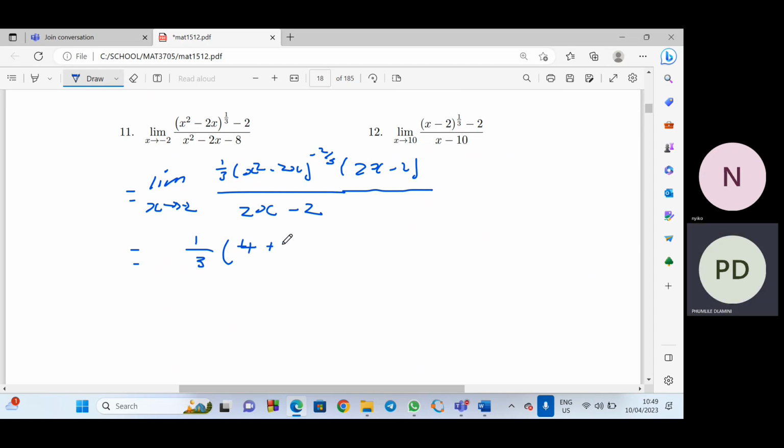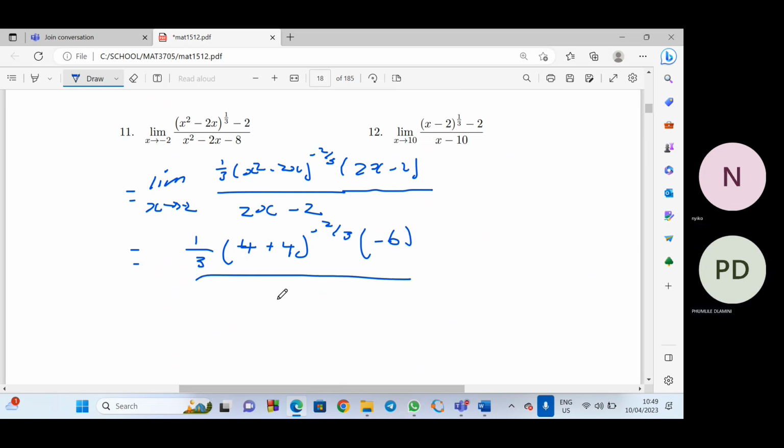Minus is going to be plus 4 again, to the power -2 over 3. Then I substitute -2 in the numerator, there is going to be -4 minus 2, which is -6, over, if I substitute -2 in the denominator, it's also -6 because it's going to be -4 minus 2 is -6.